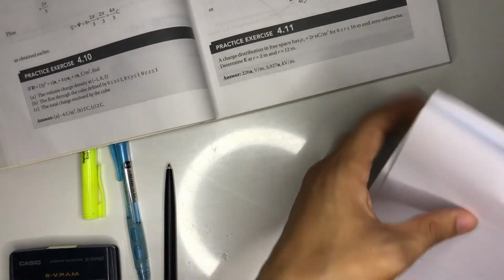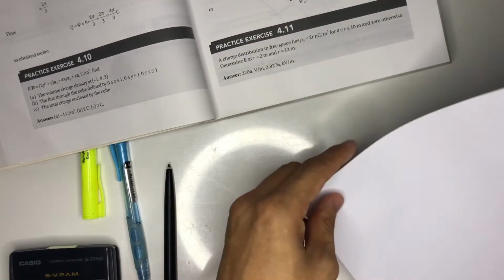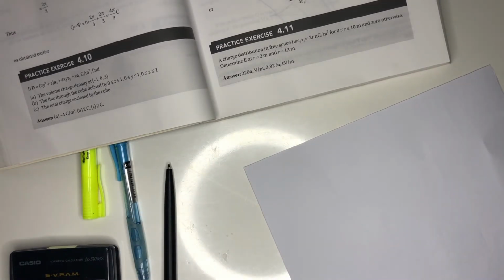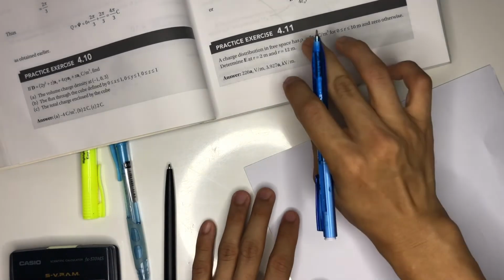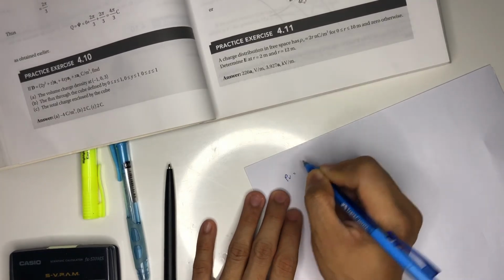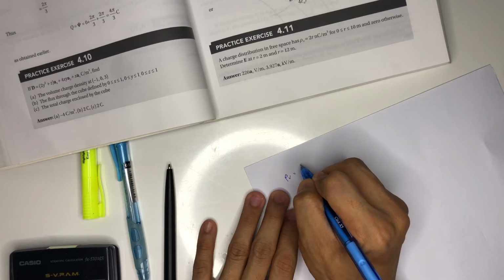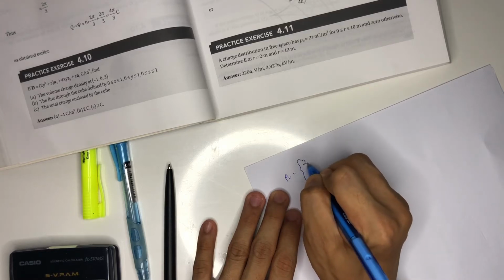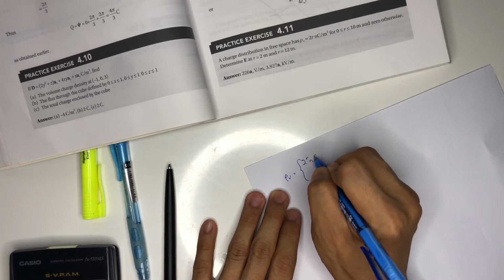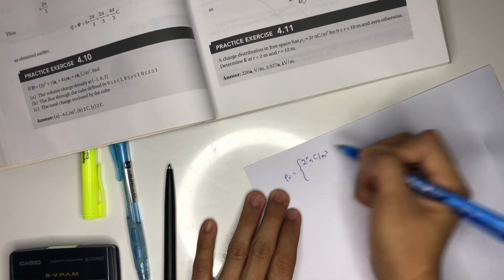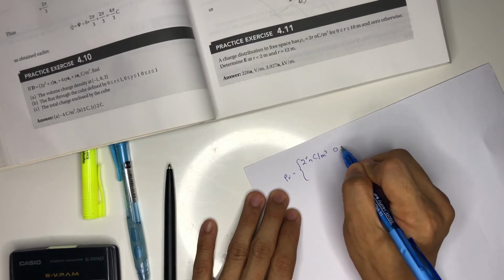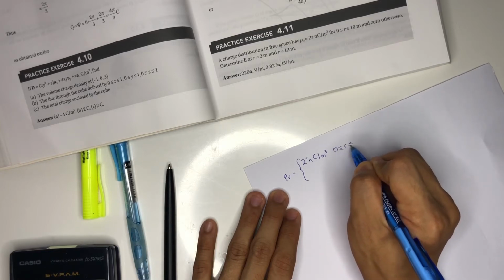Okay, we extract the information first. The first information: rho v equals 2r nanocoulomb per meter cube for the range of r from 0 to 10.